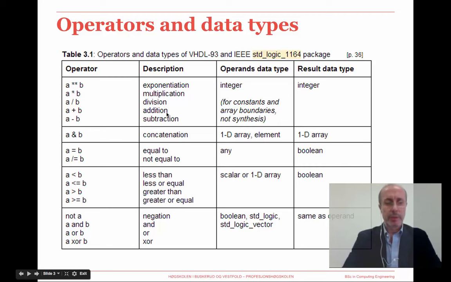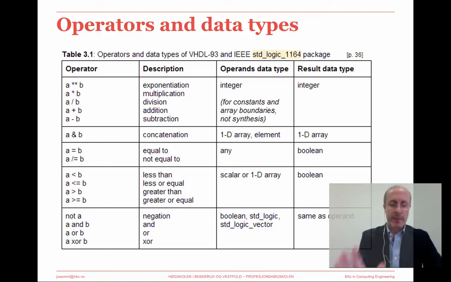I will not go into the detail of reading line after line because that would be too boring for you, but this is the type of table that you will need to come back to frequently during your design work in order, for example, to check if a given operator can be used with any given data type.